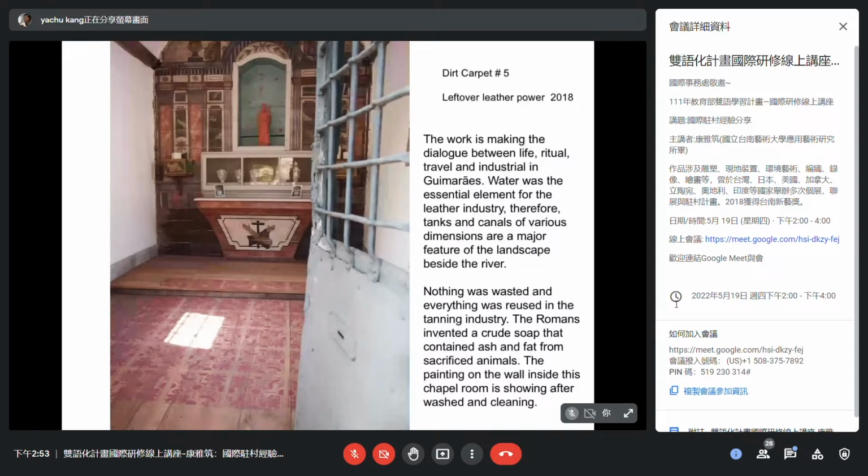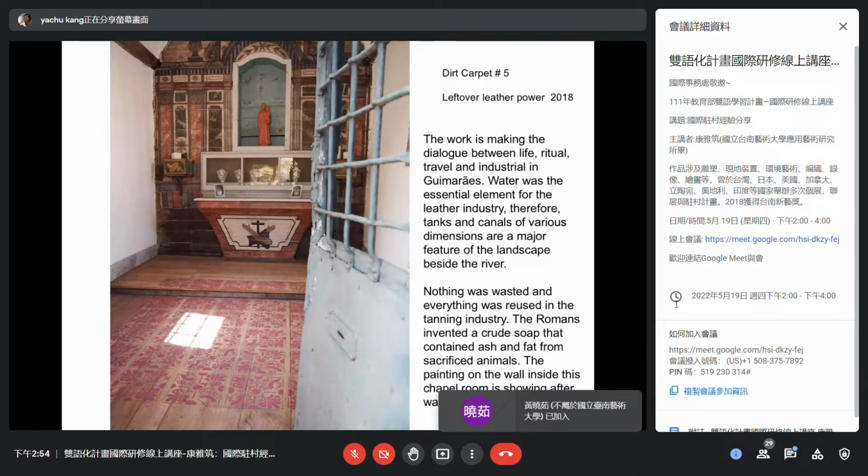And at that time, nothing was waste, and everything was reused in the tanning industry. The Romans invented a crude soap that contained ash and fat from sacrificed animals. The painting on the wall inside this chapel room is showing after washing and cleaning.